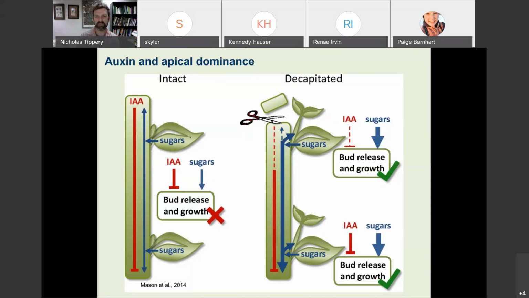If the tip is not using that sugar to make new cells and make new organs and so on, then the sugar gets rerouted to something near the tip, and they were claiming that that has a big role in also promoting this side growth. So a little bit of auxin, a little bit of sugar responsible for this growth of the lateral shoots.